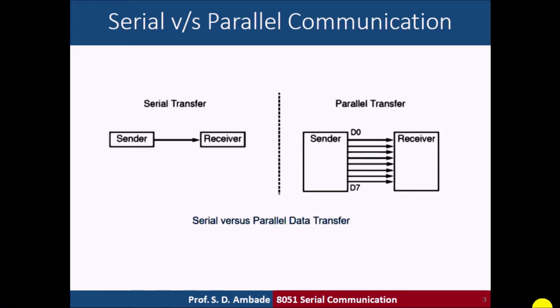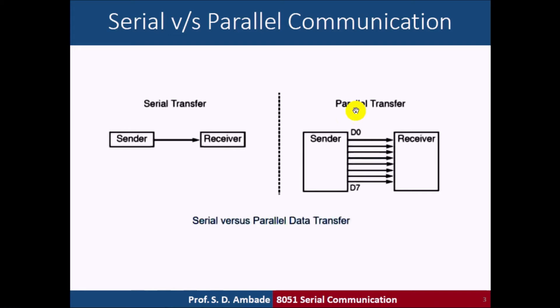So here is the first comparison, serial versus parallel communication. At the left hand side, this block diagram indicates serial communication where only a single line is available between sender and receiver.